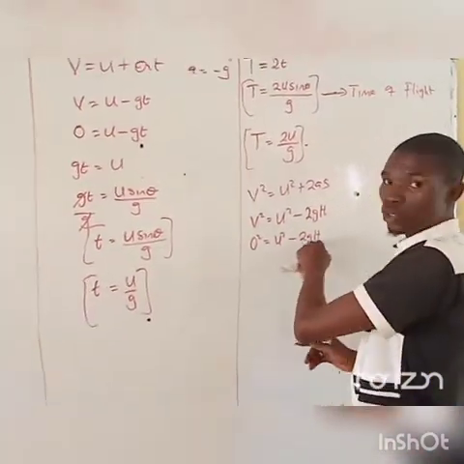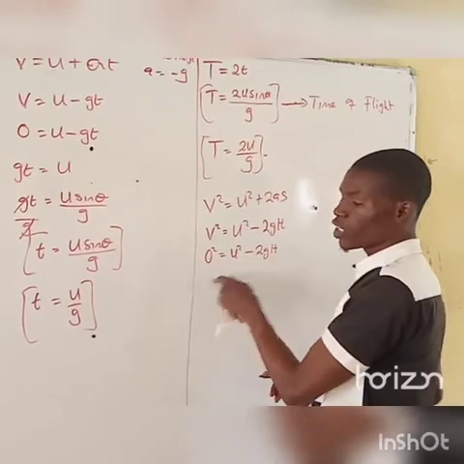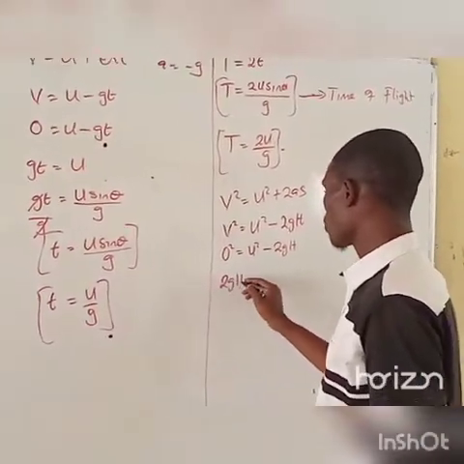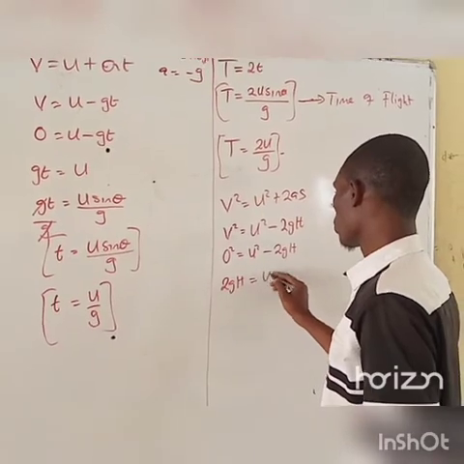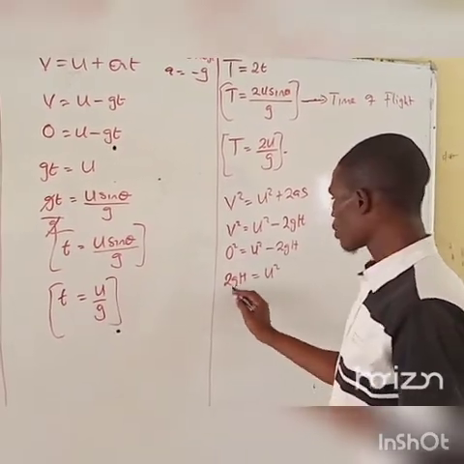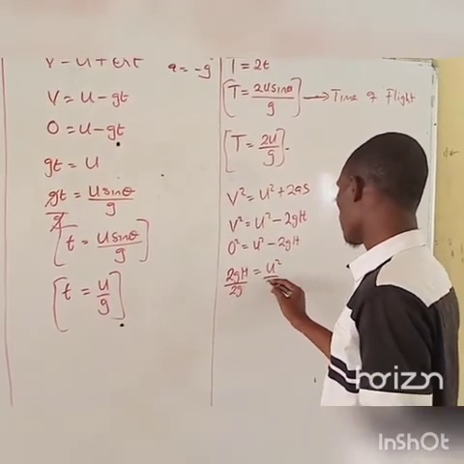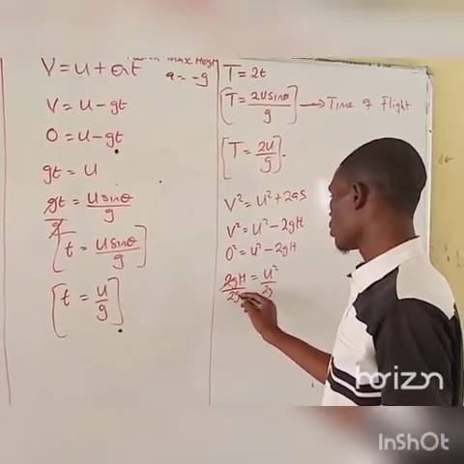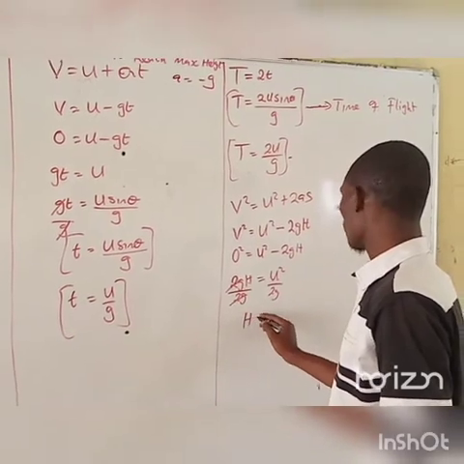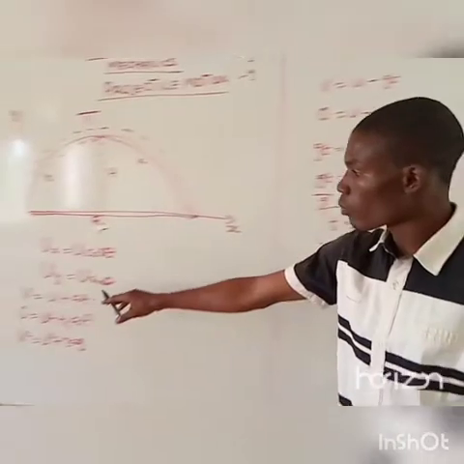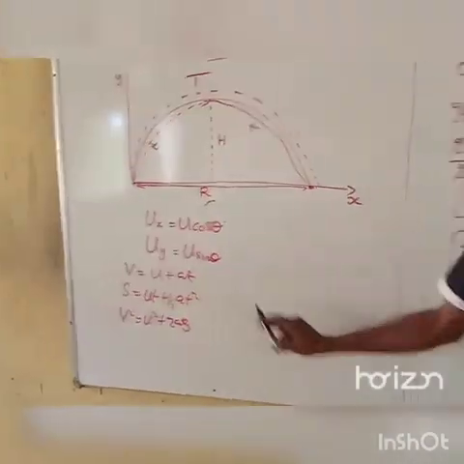Now take this 2gh, add 2gh to both sides. So you have 2gh is equal to u square. Now we are looking for h, which is the maximum height. Divide both sides by 2g. So this eliminates this. So we have h is equal to, recall what is our u along the y-axis? It is always u sine theta.